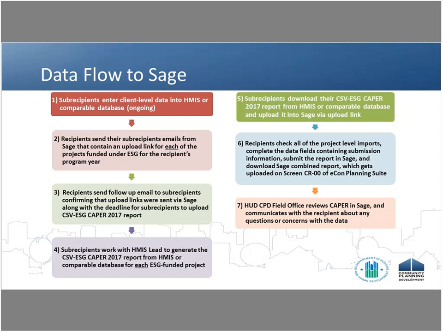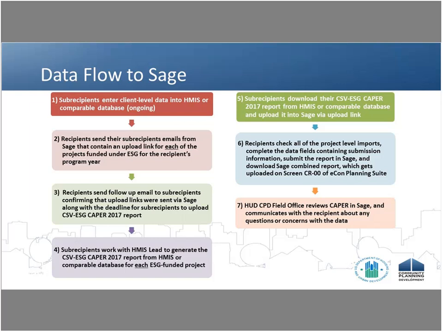Some of you start the process in a considerably early fashion, so we are not attempting to set deadlines for your subrecipients for you. It's a good idea for you to drop them an email, make sure that they are keeping an eye out for the Sage email link, and also let them know when you would like them to start uploading their CSVs in Sage.